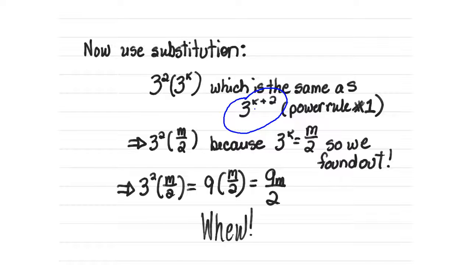So I'm going to deconstruct the k plus the 2 here. Same thing, same base, different powers. We just add them together. And I've deconstructed because we found out that 3 to the power of k equals m over 2. So that's what we're going to do. We're going to sub it back in to something that we found, and that will allow us to now find the value in terms of m.